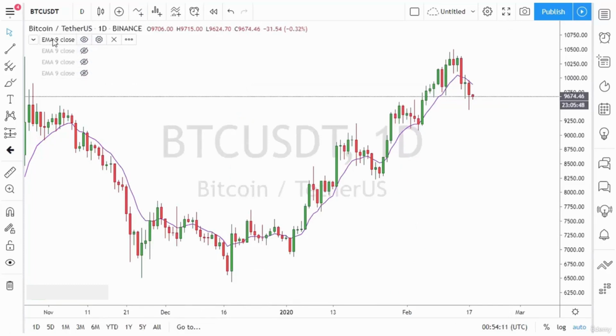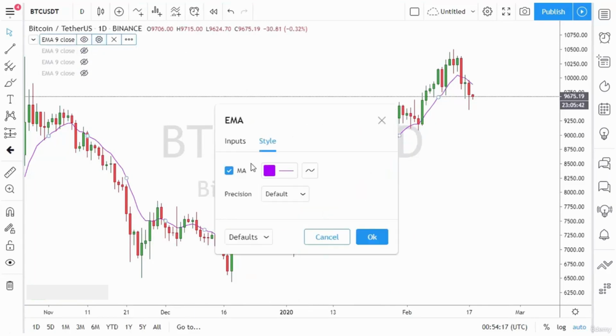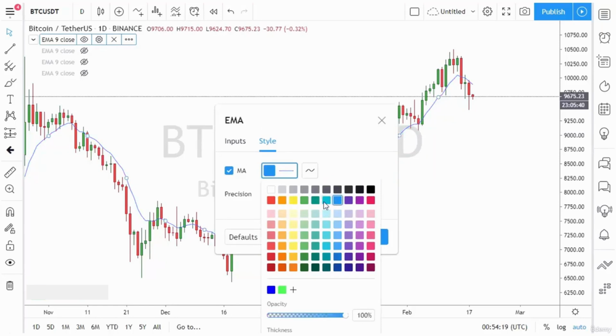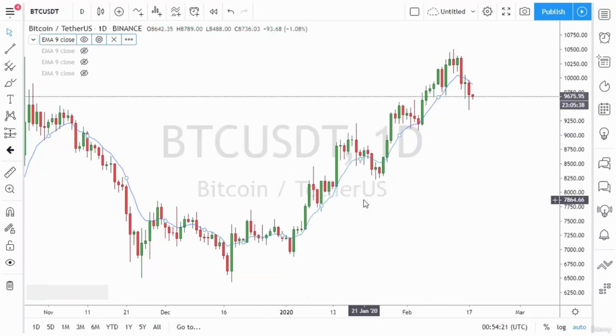And on this one, the EMA, exponential moving average, 9-period based upon the close. Going to change the color to blue. Okay, and you can see that the moving average does in fact go up and down with the average price of the close of the candlestick. Obviously prices are rising here, so you would expect the 9 EMA to rise right along with it.